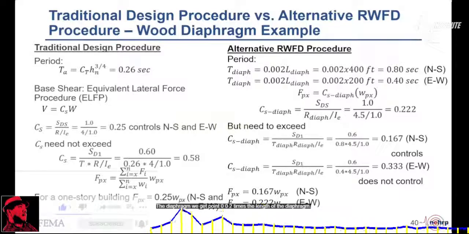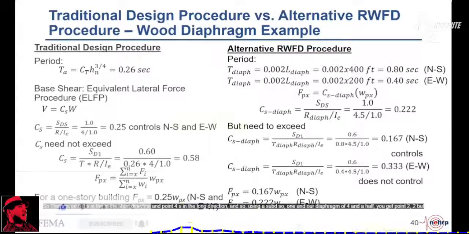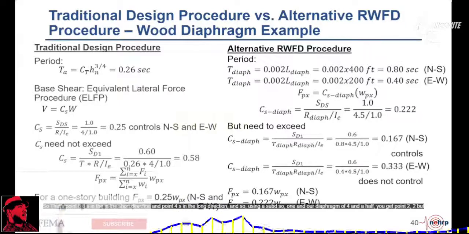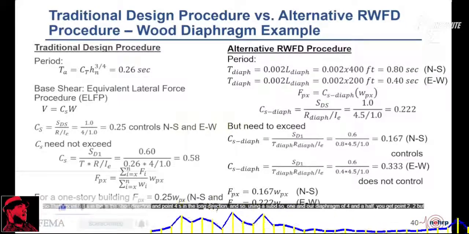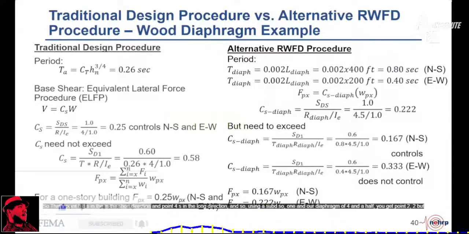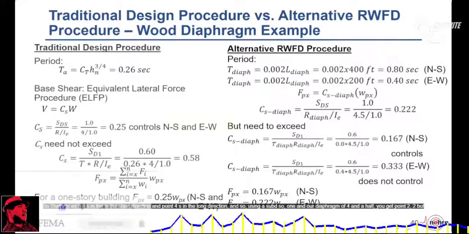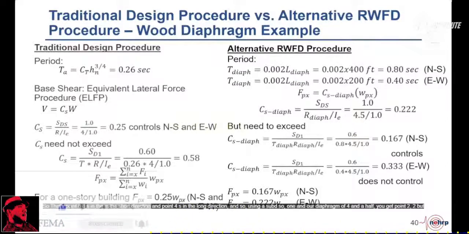The diaphragm, we get 0.002 times the length of the diaphragm, so that's 0.8 seconds in the short direction and 0.4 seconds in the long direction. And so using S_DS of 1 and R diaphragm of 4.5, you get 0.22.